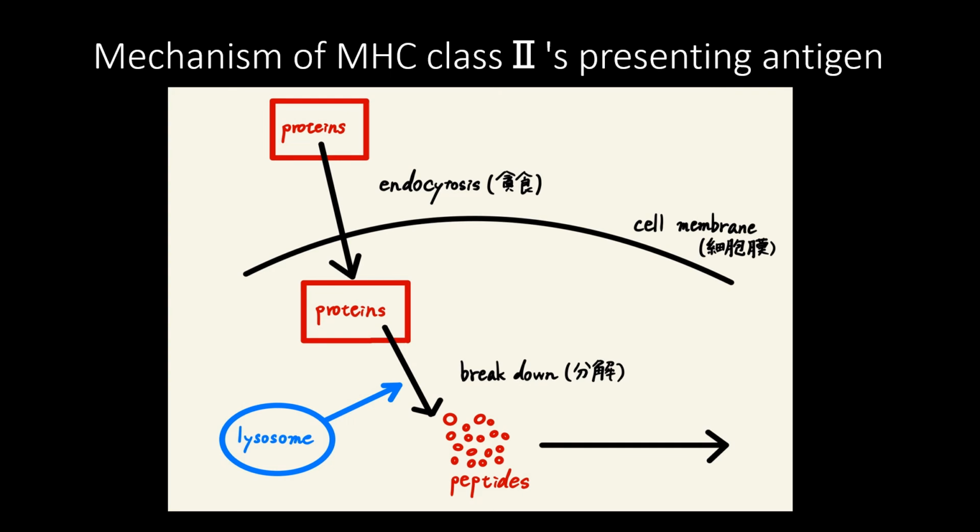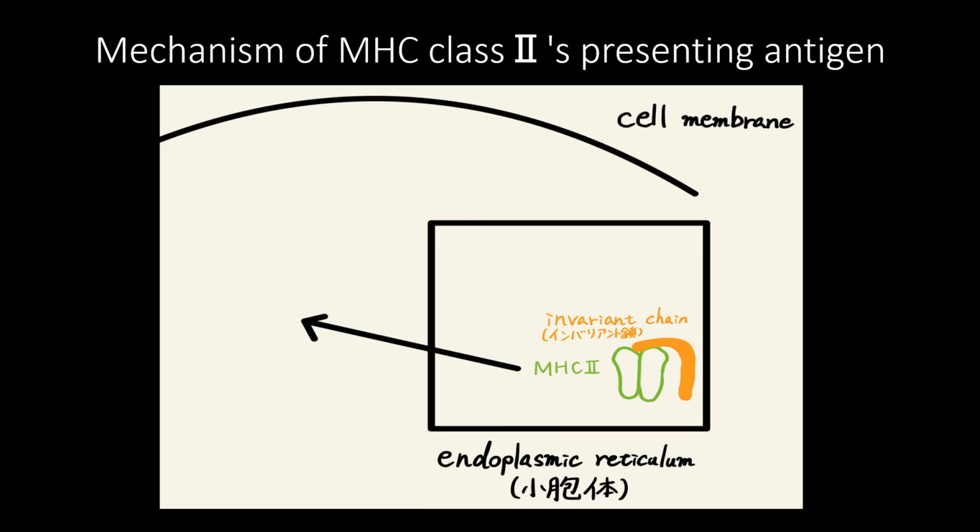Next, we explain more specific mechanism of Class 2 antigen presentation. First, extracellular proteins, such as bacteria and toxins, are captured into antigen-presenting cells, and then they are broken down into peptides by primary lysosomes. Class 2 molecules, by the way, are formed in the endoplasmic reticulum with invariant chain.